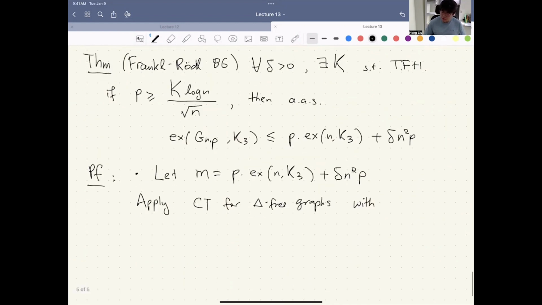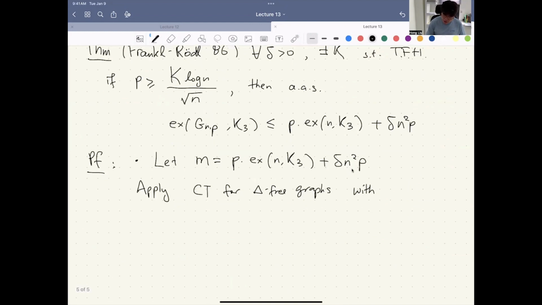We have delta given here. So with epsilon depending on delta over 2, this means from supersaturation, and then we get C that depends on epsilon, which essentially depends on delta.